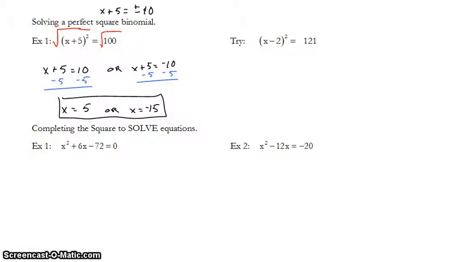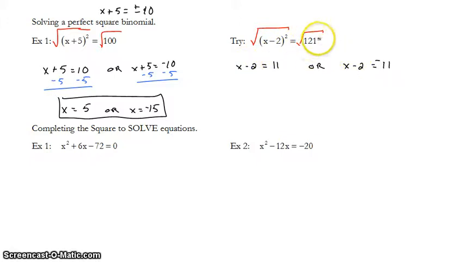Use that as an example to try this problem on the right. Please press pause and try it. It's a very similar problem where you do not have to complete the square. Alright, this is just our first step. I square root both sides. All that changes on the left is my square root and my exponent cancel, leaving me the x minus 2.